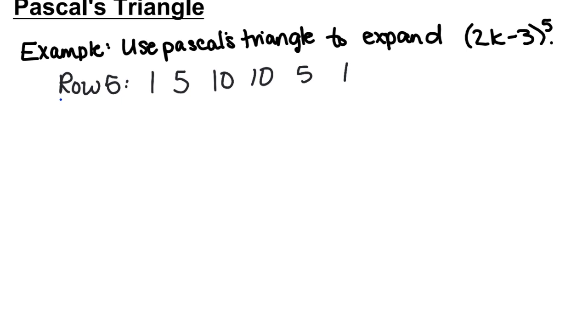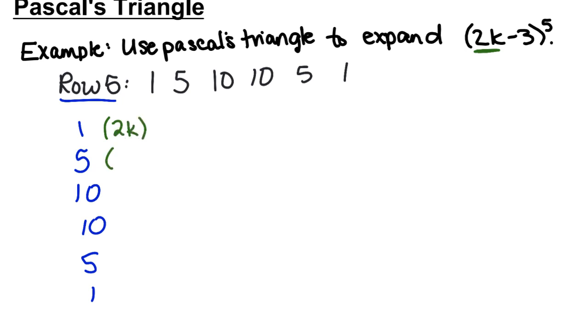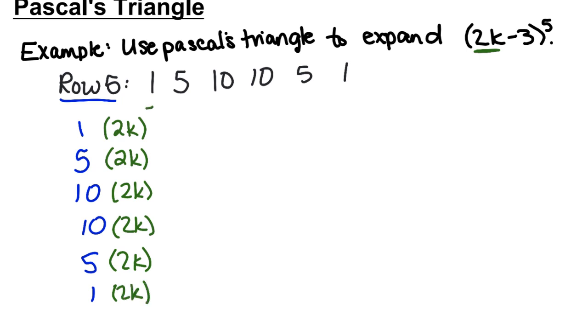So I'm going to put these coefficients vertically, 1, 5, 10, 10, 5, 1, because it ends up being a little easier to work with. So this is my first piece. That would be my x term, so 2x. And we start with the highest exponent, so to the 5th. And then we decrease each time. 4, 3, 2, 1, 0.